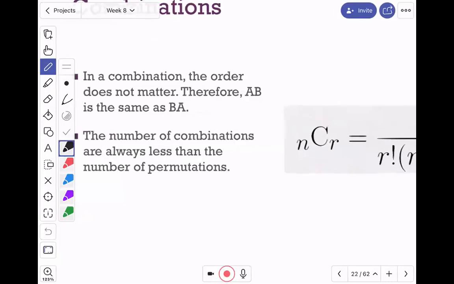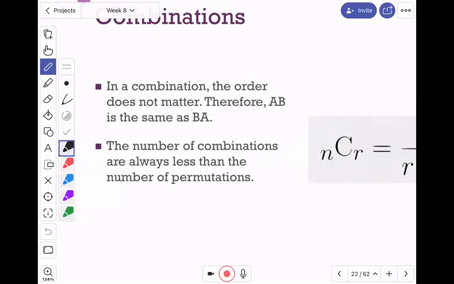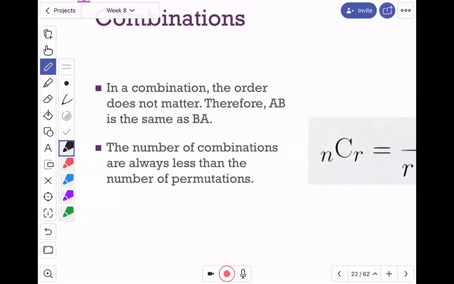So in a combination, the order does not matter. Therefore, AB is the same thing as BA. Which means because order doesn't matter, you should always have fewer combinations than you do permutations. Permutations are unique. Combinations are not. The number of combinations will always be less than the number of permutations.